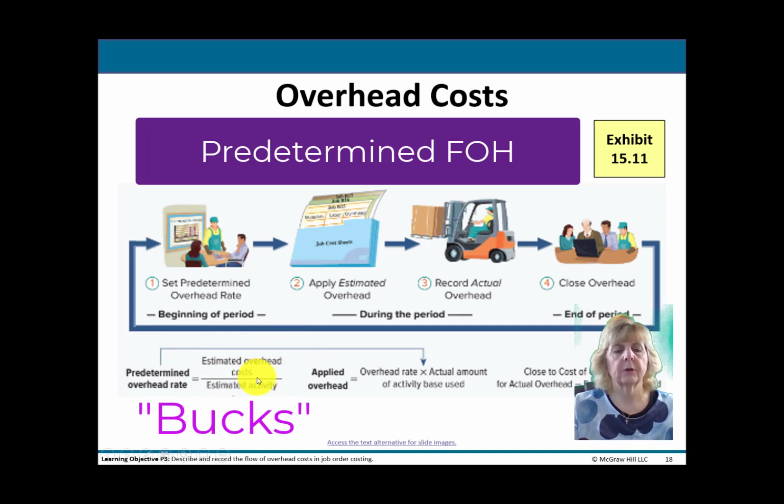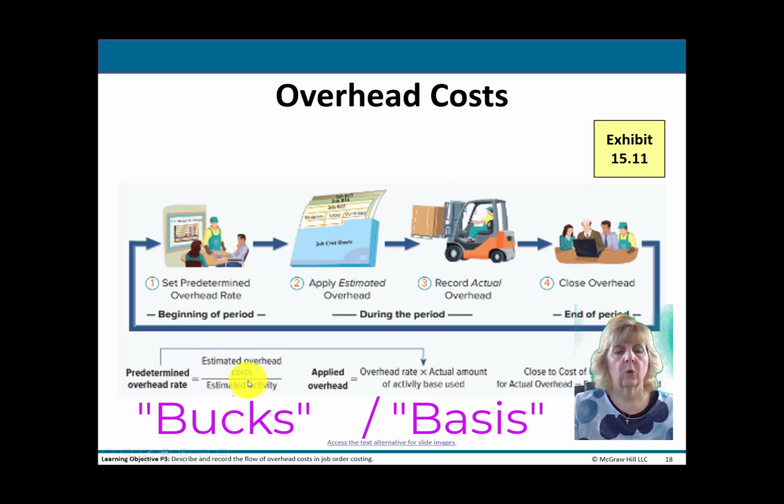And they'll also estimate their activity for the year based on a specific basis for charging it out. Most companies use direct labor hours or direct labor costs. However, depending on the nature of the company, they could use any number of things.